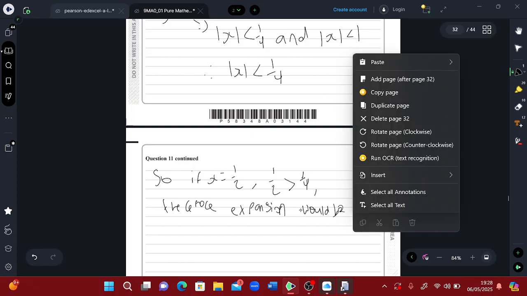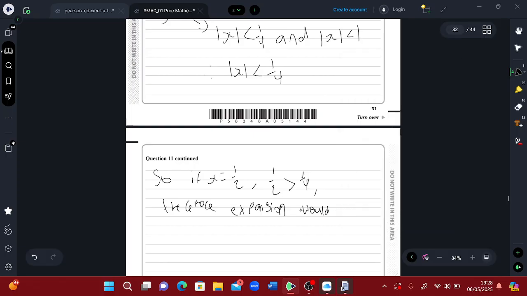So that means if we were to use the expansion, it would not get an accurate answer. It would diverge. It would give something completely different. So we can't use it. It gives us the wrong thing.